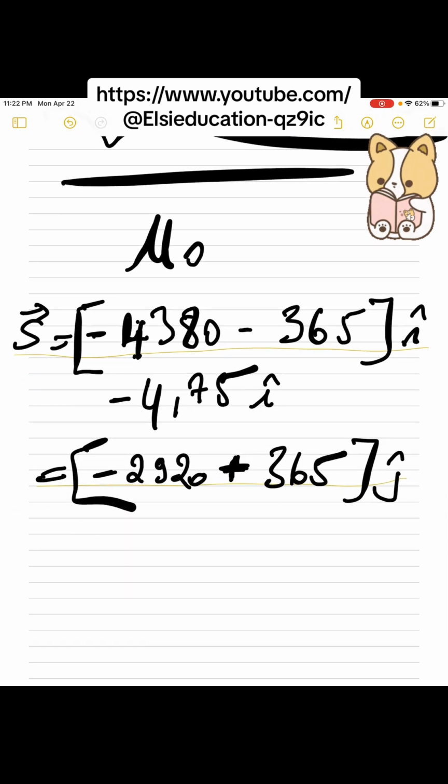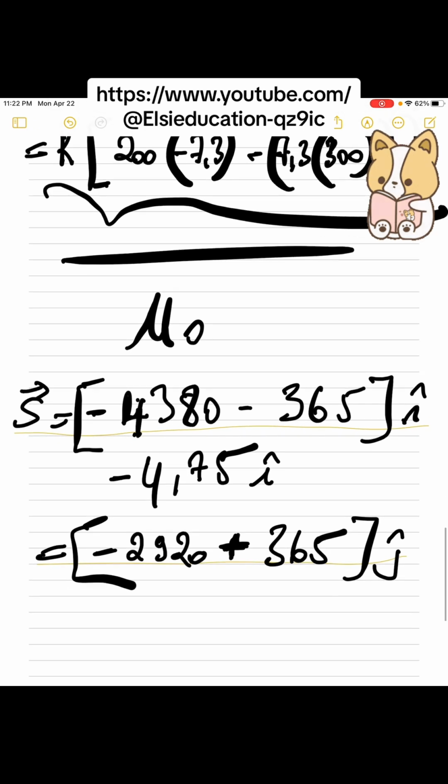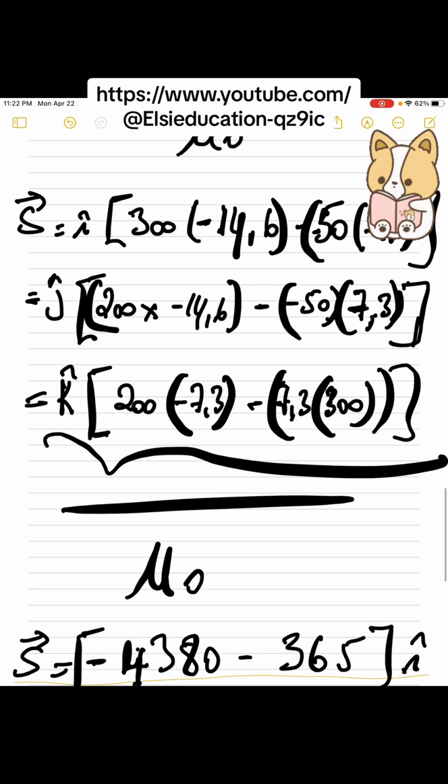So this one will give us, hold on, multiplied by 7.3. 50 multiplied by 7.3. 50 minus 50.